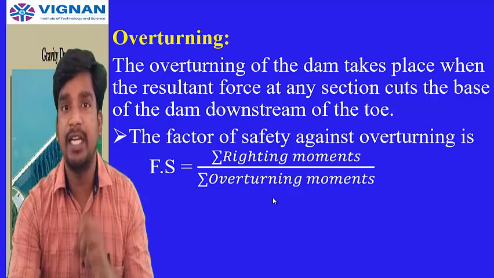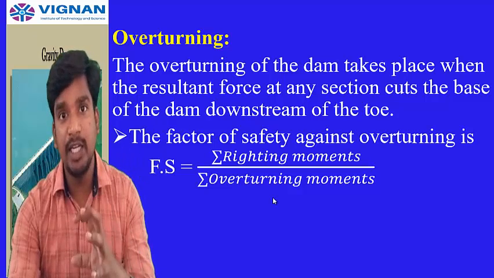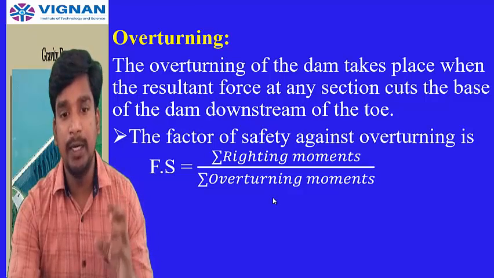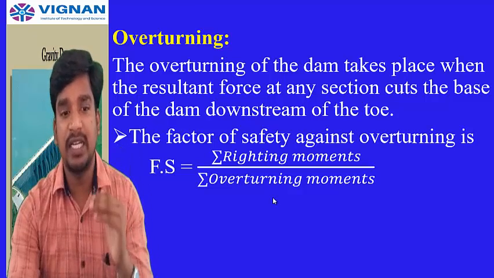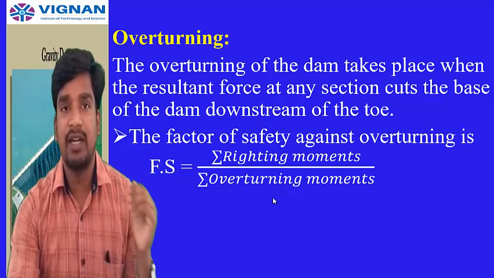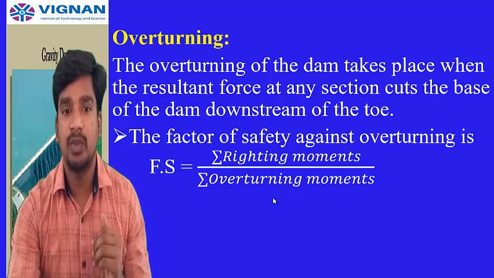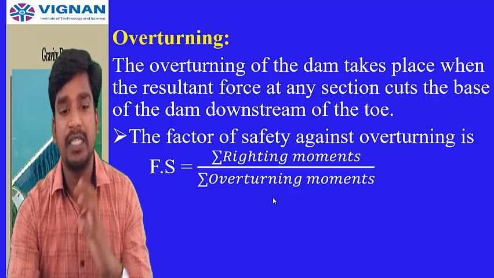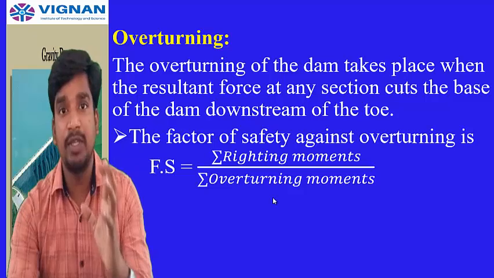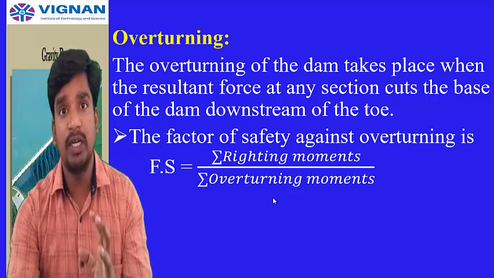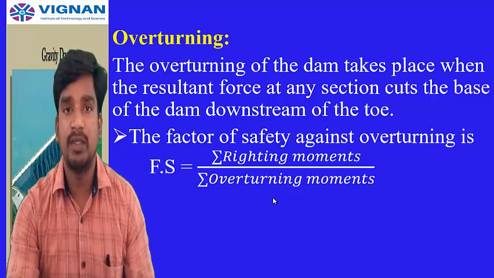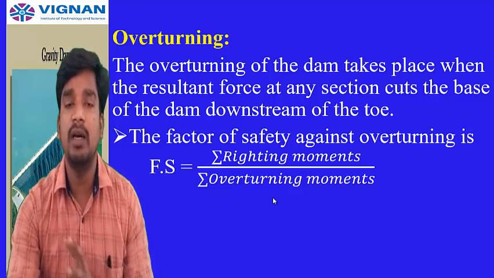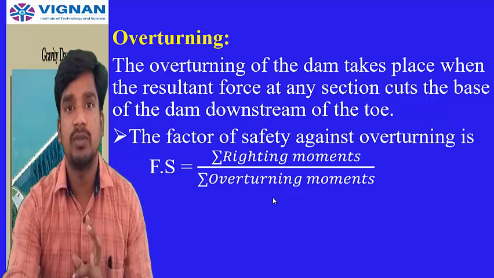That is called a righting moment. So the ratio of the righting moment of the dam to the overturning moment is considered as the factor of safety. The factor of safety against overturning is equal to the summation of righting moments divided by the summation of overturning moments. By considering this factor of safety, we can overcome the overturning force.